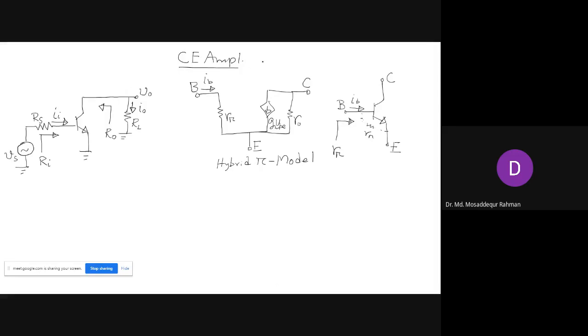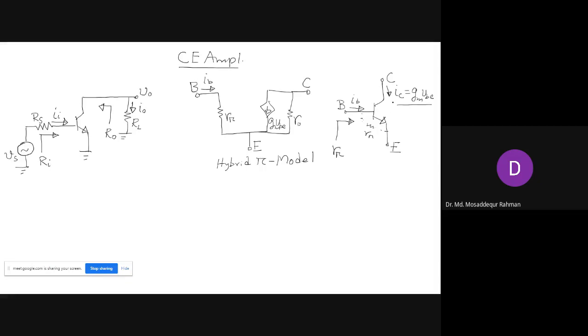Now here we have the collector side. At the collector, we have this current gm VB. That is the current flowing into the collector, which we denote by IC. So IC is nothing but gm VB.